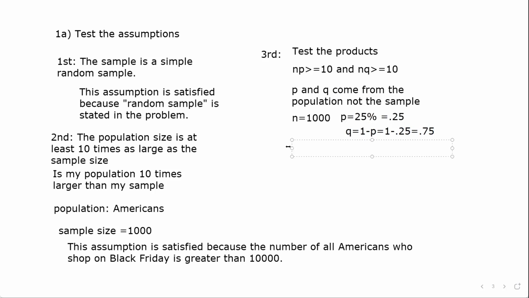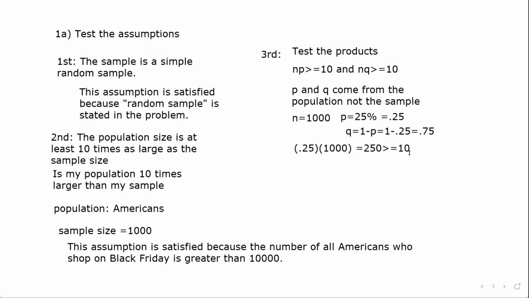So P times Q, so this is going to be 0.25 times 1,000, which is what? That's going to give us 250, right? Now, that's greater than or equal to 10.